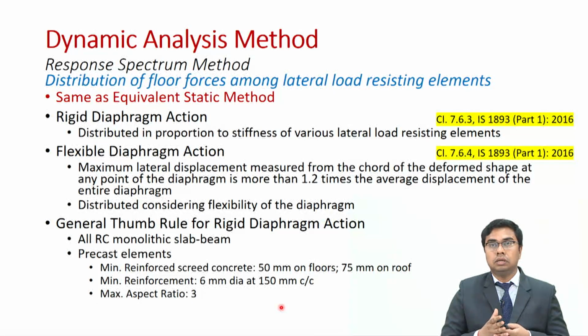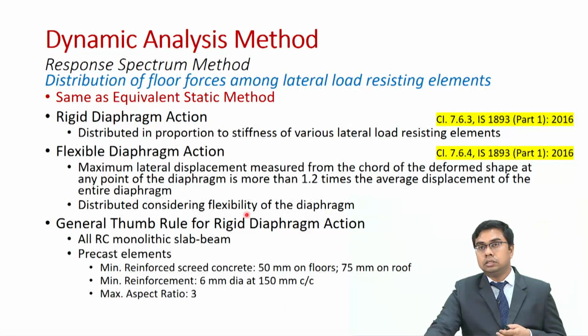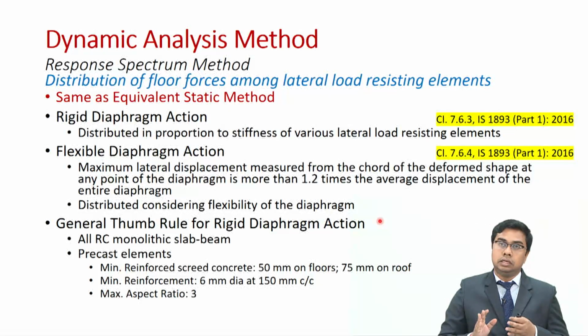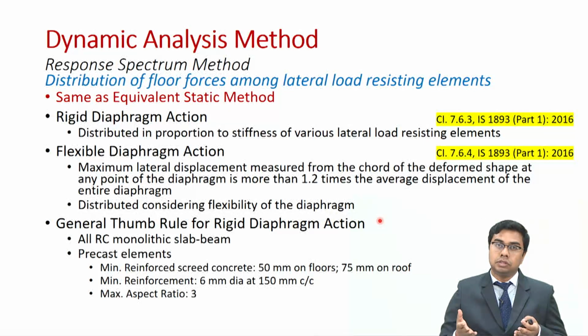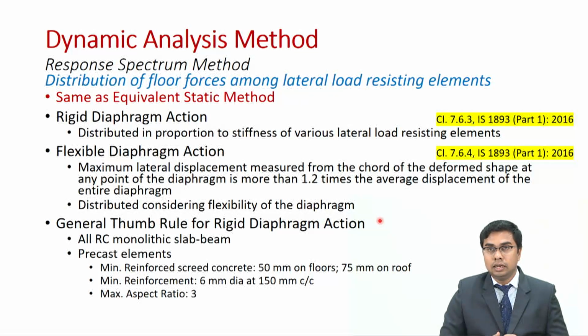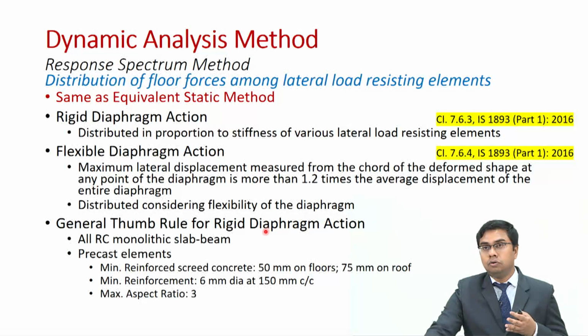If your slab is unable to provide a rigid diaphragm action, then it will come under flexible diaphragm action category, and in that case we have to distribute it considering flexibility of the diaphragm. The distribution can also be done in proportion to the tributary area based on some global codes. Then we also discussed the general thumb rule for rigid diaphragm action in case of monolithic construction or precast construction. We have seen this when we were looking into equivalent static method.